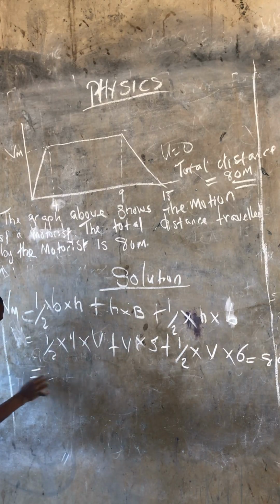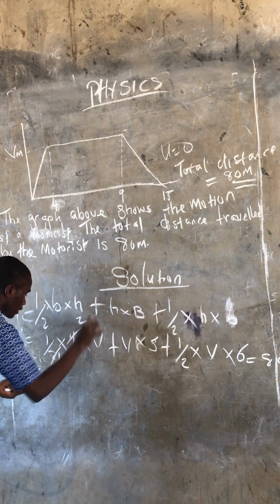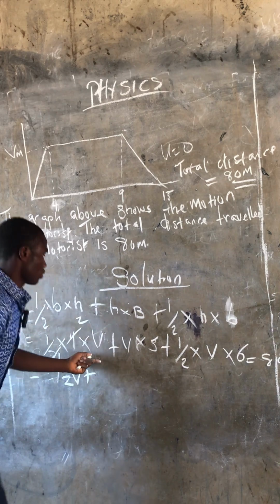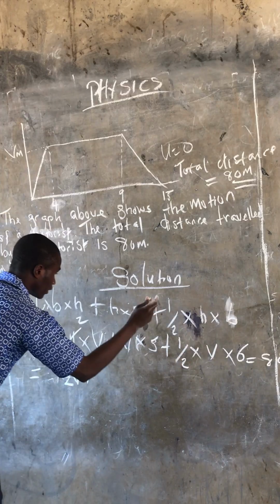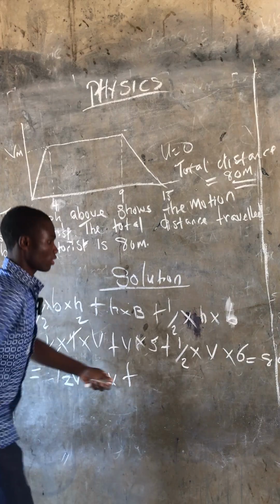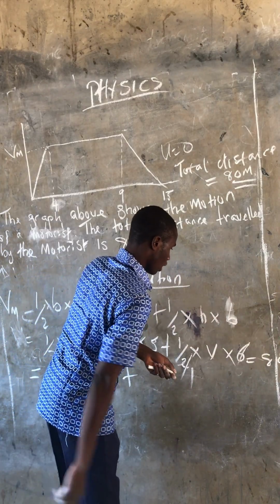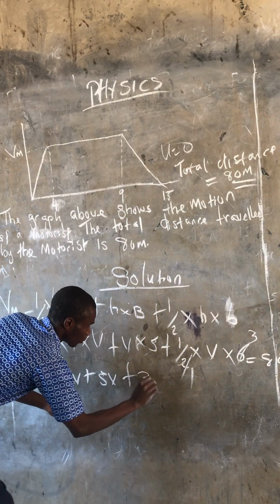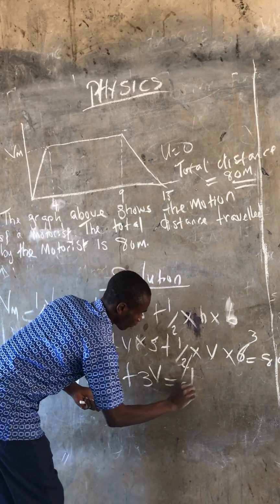Then 2 goes into 4, 2 times, so we have 2v, plus v times 5 is 5v, plus 2 goes into 6, 3 times, so plus 3v is equal to 80.